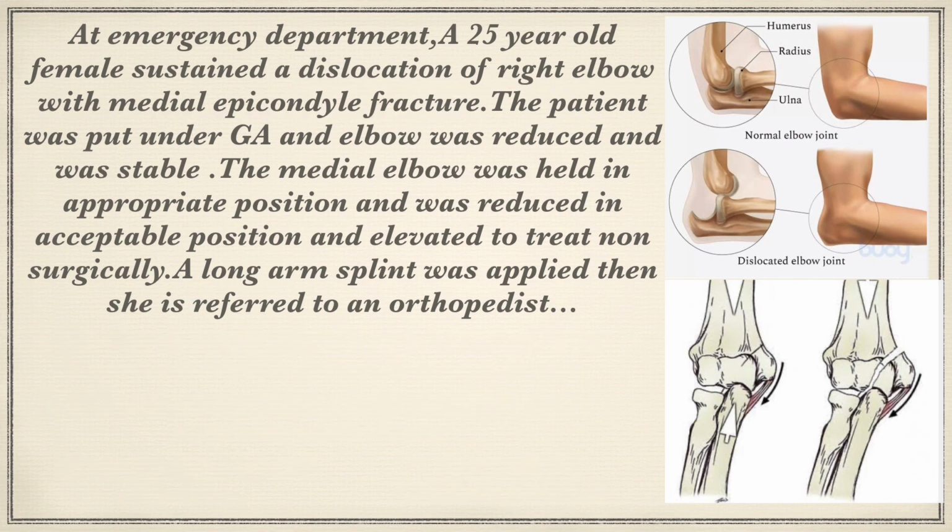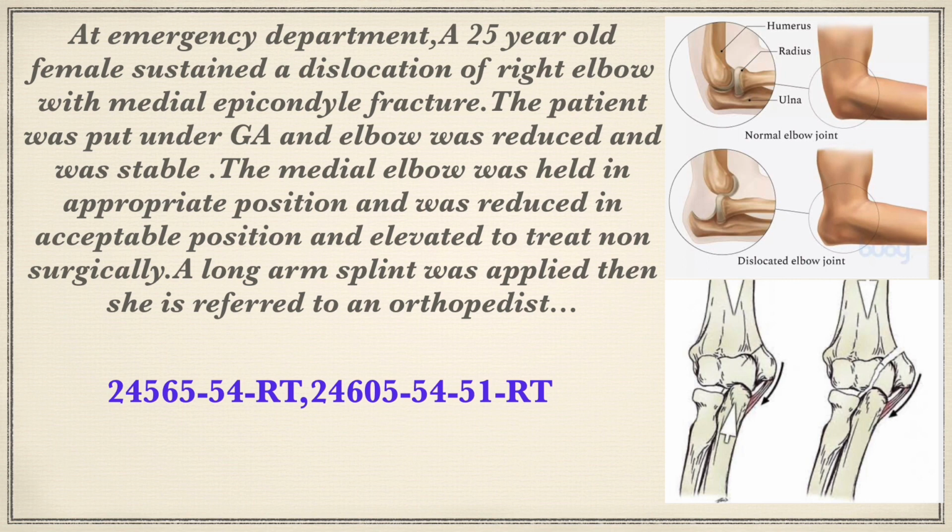The correct coding is 24565 54 RT, 24605 54 51 RT. Modifier 51 is applied as different procedures are performed in the same session, same site. The different procedures are elbow dislocation reduction and epicondylar fracture reduction. Apply modifier 51 to the CPT code for elbow dislocation reduction because it is paid less compared to epicondylar fracture reduction.